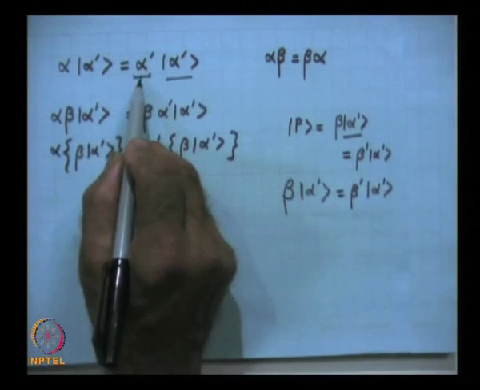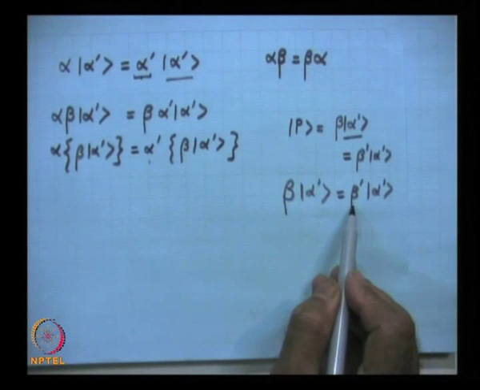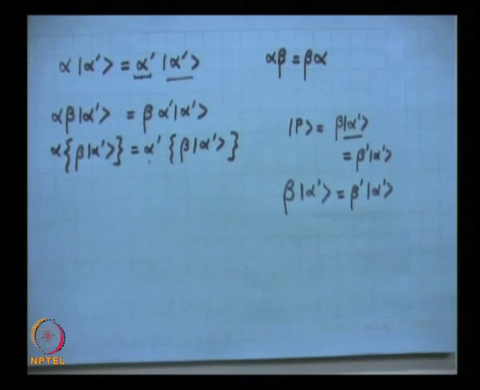For alpha, it belongs to the eigenvalue alpha prime, and for beta, it belongs to the eigenvalue beta prime.